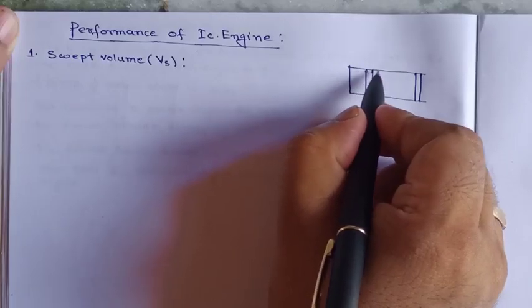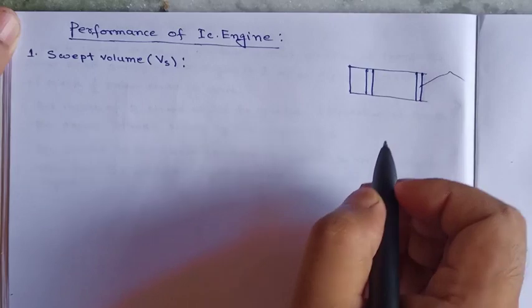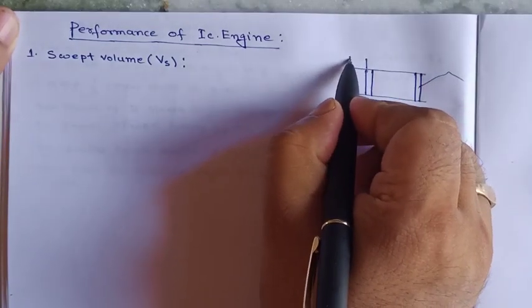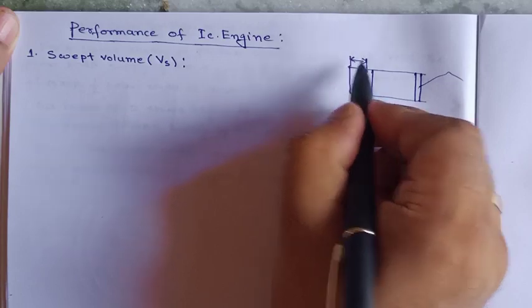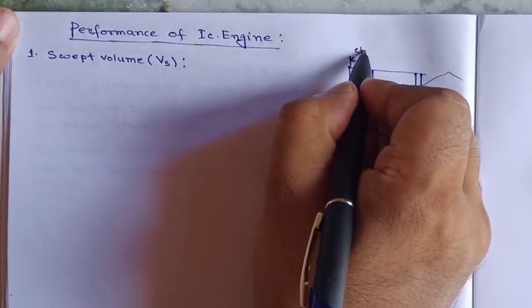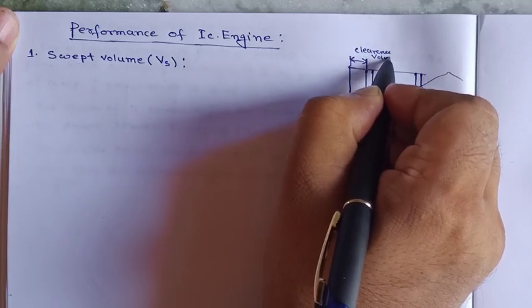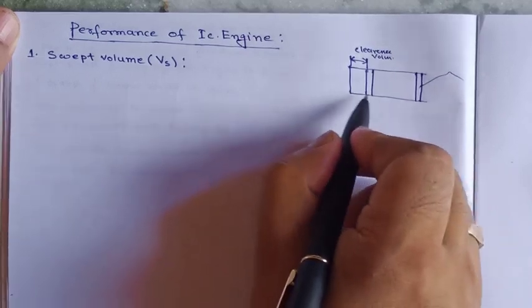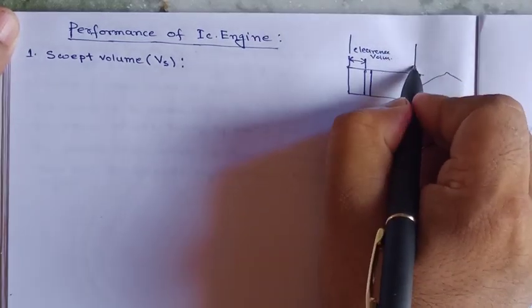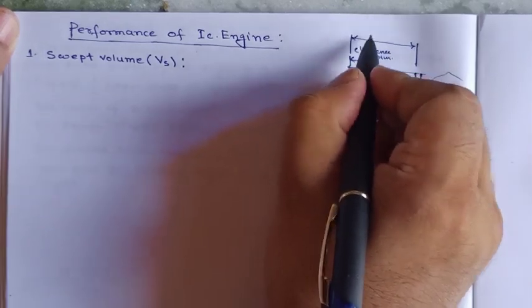This is the clearance volume. And this volume is total volume, that is up to that.